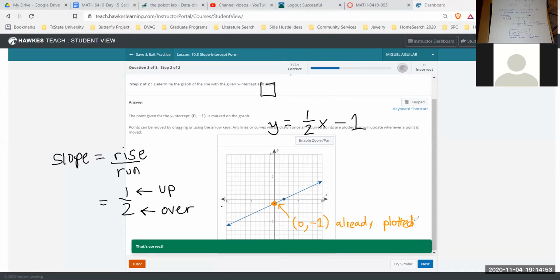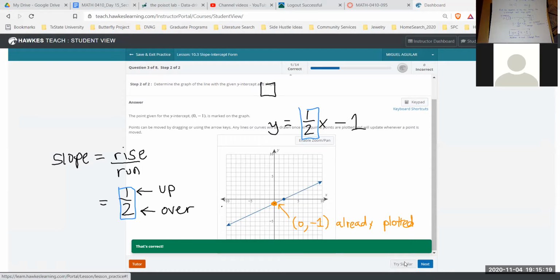But when you use the slope, you're using this information here to go up 1 and then over 2 to get to the next point. That make a little bit more sense? Yes. Yes, thank you.